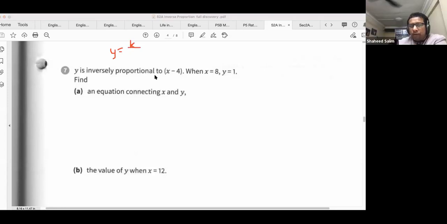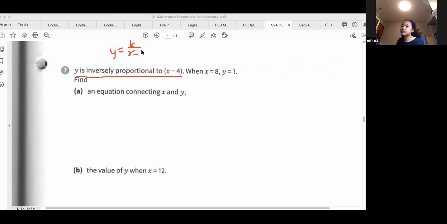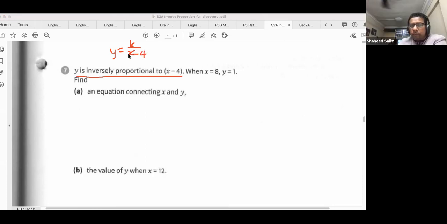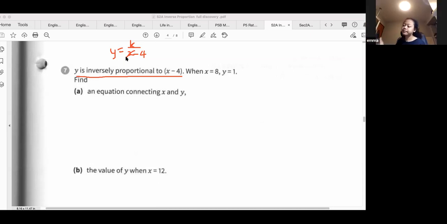Okay, but now given this statement here, what is it going to be? Y equals k over x minus 4. Good. Now you find k. K equals 4. Well done.